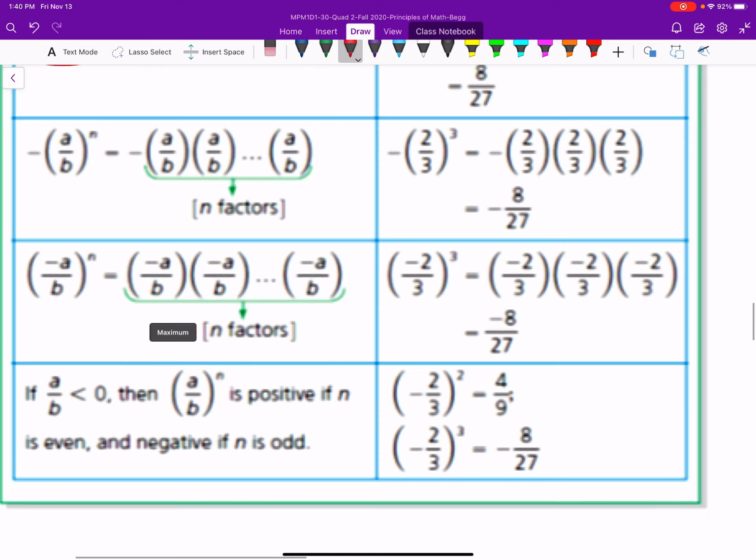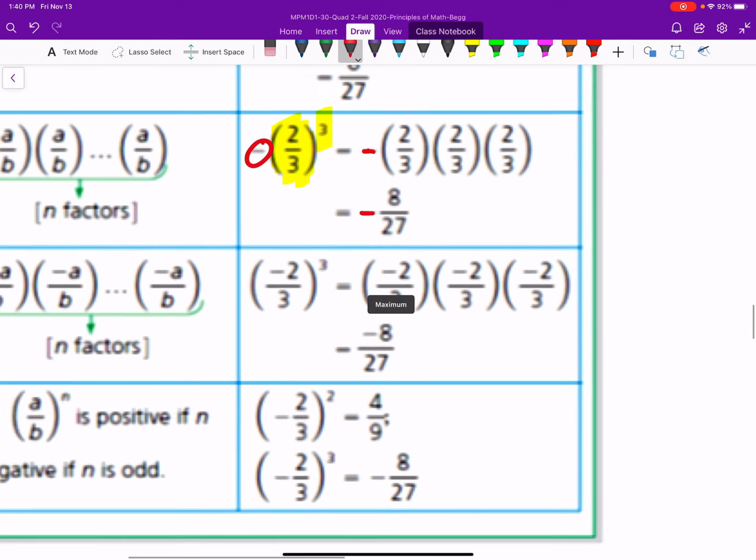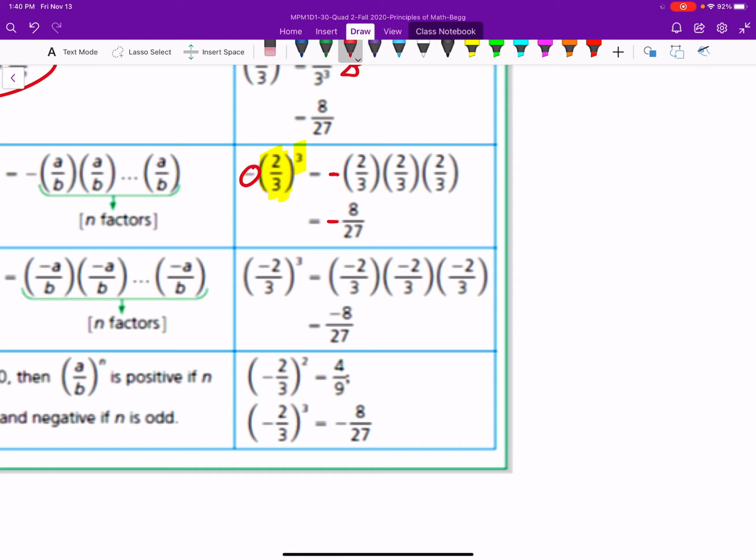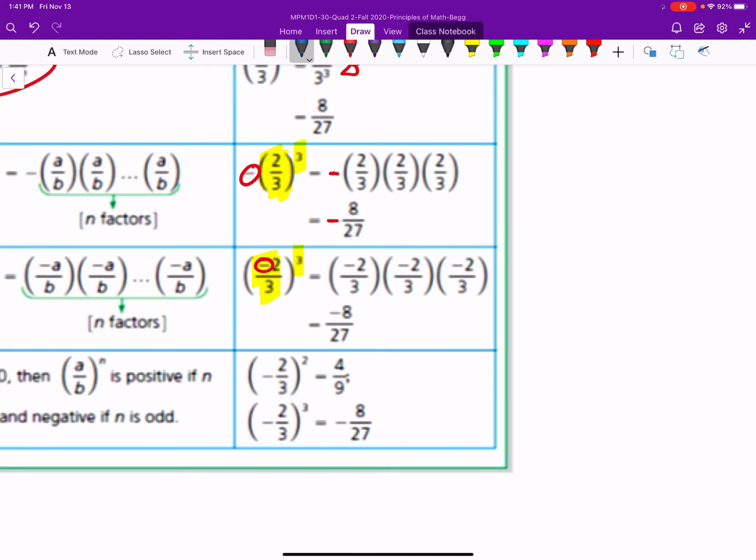If, however, there's a negative sign inside the brackets, like there is in the one below, right? We've got a 3 with a negative 2/3, but the negative's inside the brackets. In this case, the same rule applies as above: it's going to be the same as if we had negative 2 to the exponent 3 over 3 to the 3.